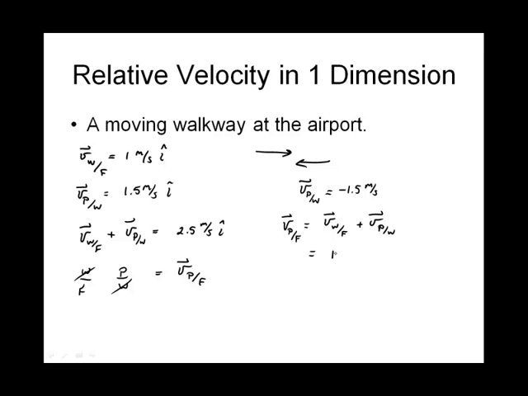But in this scenario, it's 1 meter per second in the i, plus a negative 1.5 meters per second in the i, and so the result is a negative 0.5 meters per second in the i direction. I'm moving backward in that scenario. And if I walk at exactly 1 meter per second, I don't go anywhere because I would end up with 0. So even though my legs are moving, I'm not traveling along the floor.